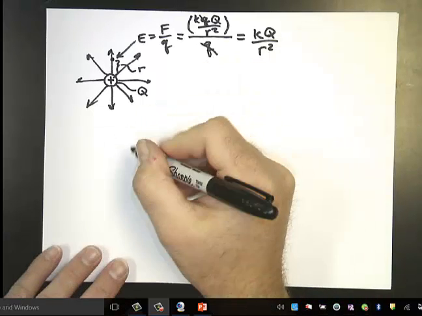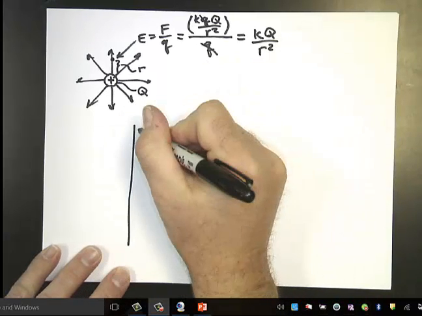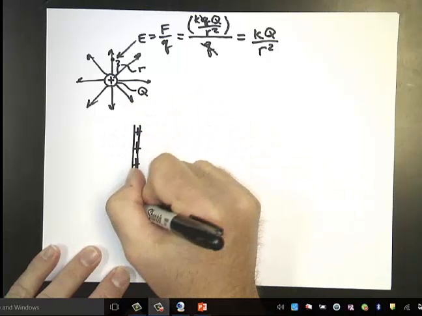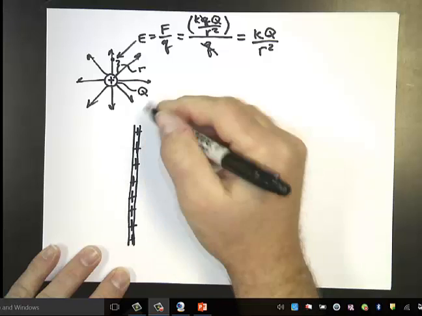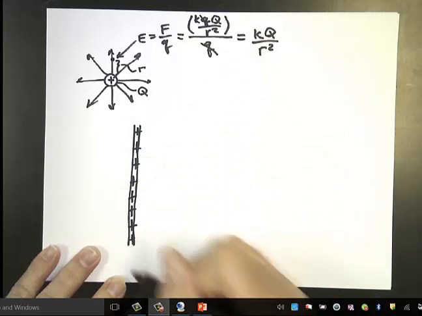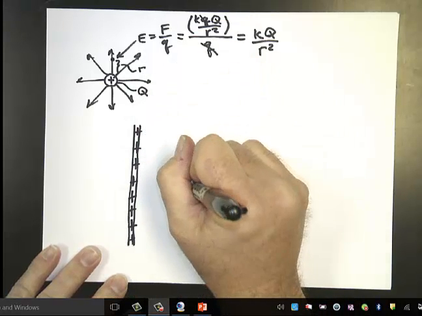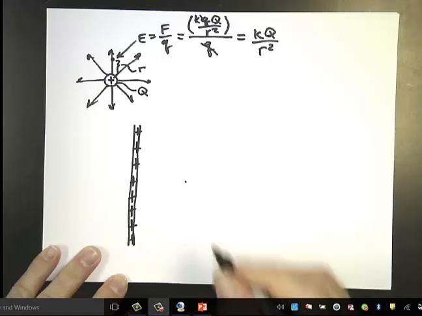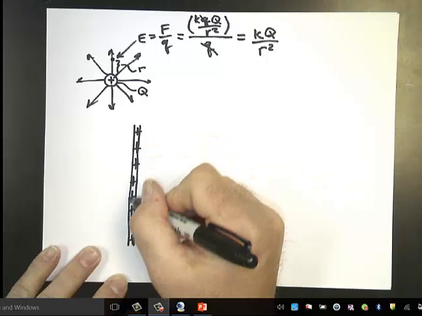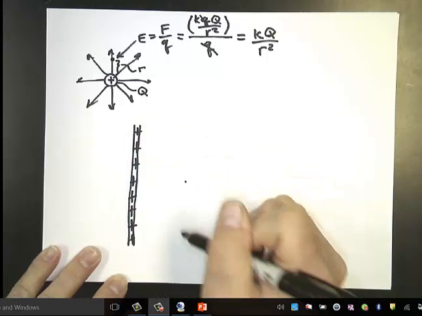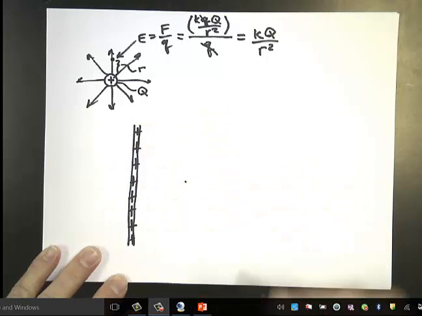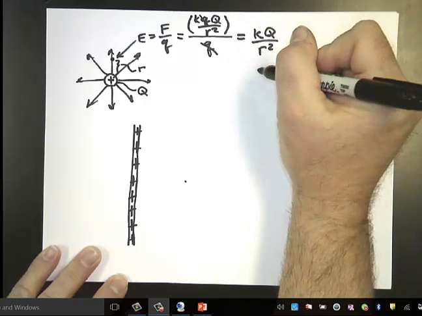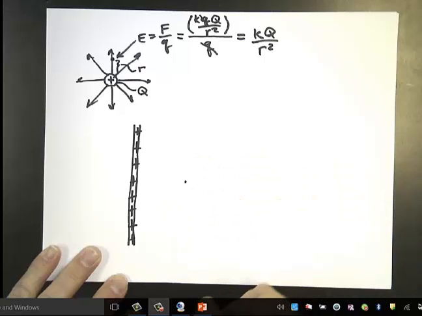What if, however, you have a line of charge, a whole bunch of charges, say, on a string, that goes a long way this way and a long way down, and I want to find the electric field right there? What I basically have to do is deal with the fact that all of these segments of the string are single charges and add up the effect of all those single charges on this spot.